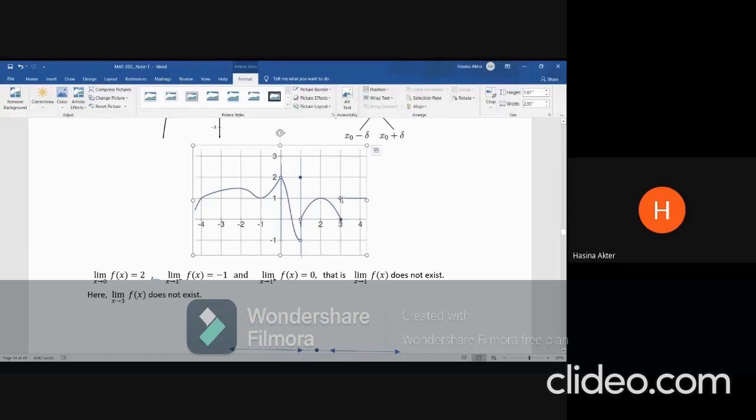And this is also a point, (3, 1), but this point is not on the graph. Similarly, this point is a portion of the graph, but these two points are not: (1, 0) and (1, -1) are not portions of the graph. Open ball means excluded, solid ball means included.